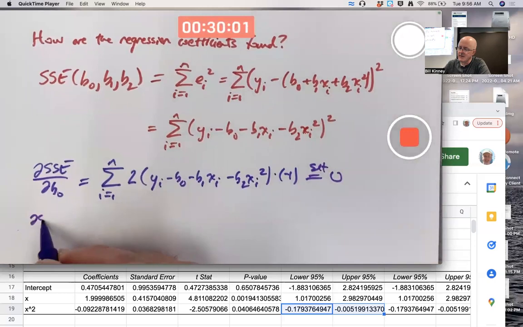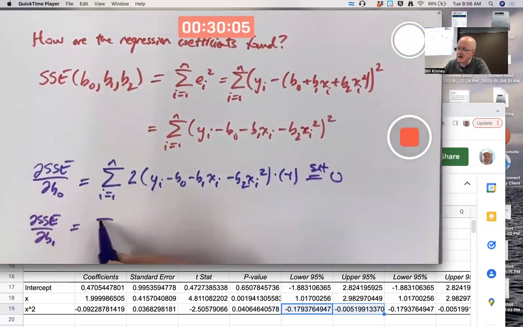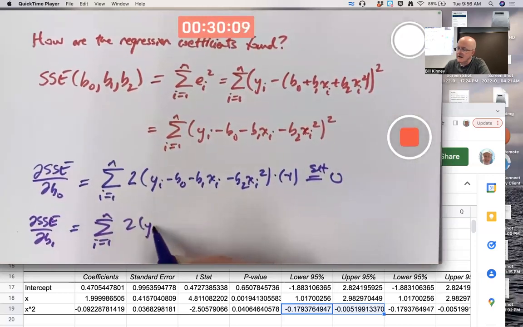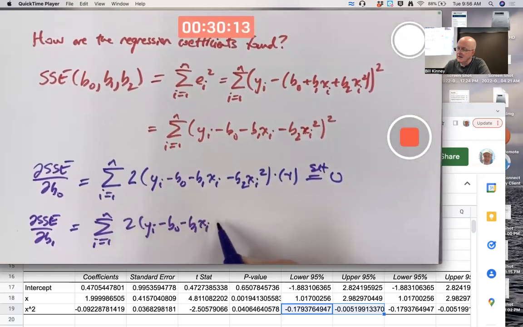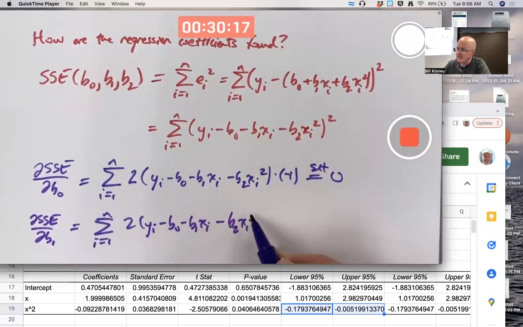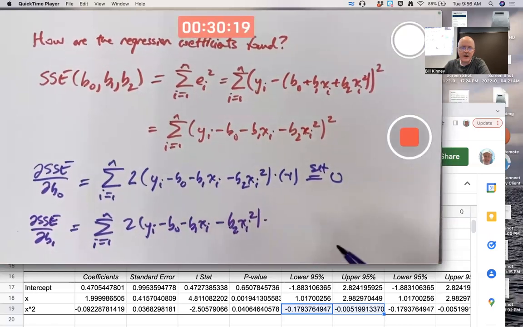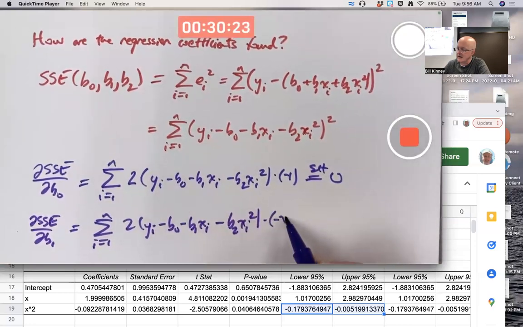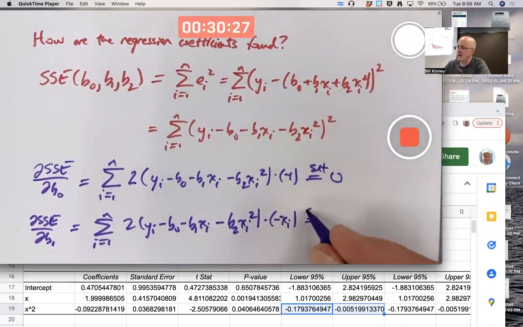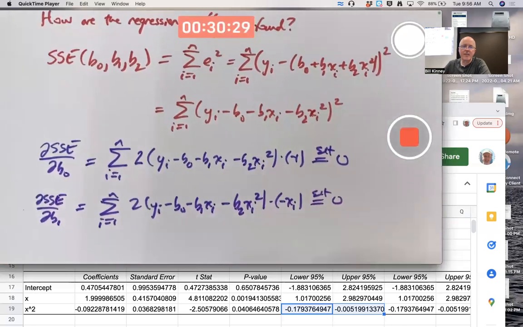The partial derivative with respect to B1 is going to be something similar, except when you use the chain rule and differentiate the inside with respect to B1, you don't get an extra factor of -1, you get an extra factor of -xi. And then we'll set that partial derivative equal to 0.